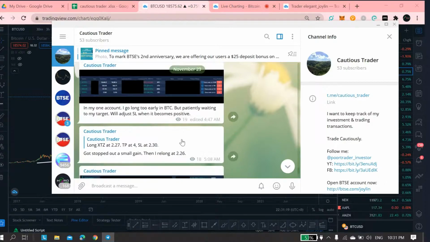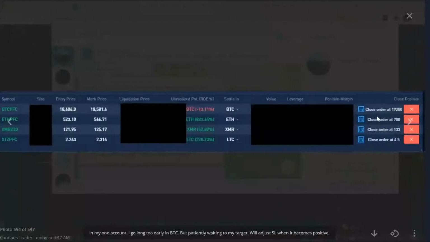Let me just show you there. My TP area for BTC perpetual is 19,200. 50% of this was already stopped out at around 18,700 at small gain. And then I have another long position in my other account.